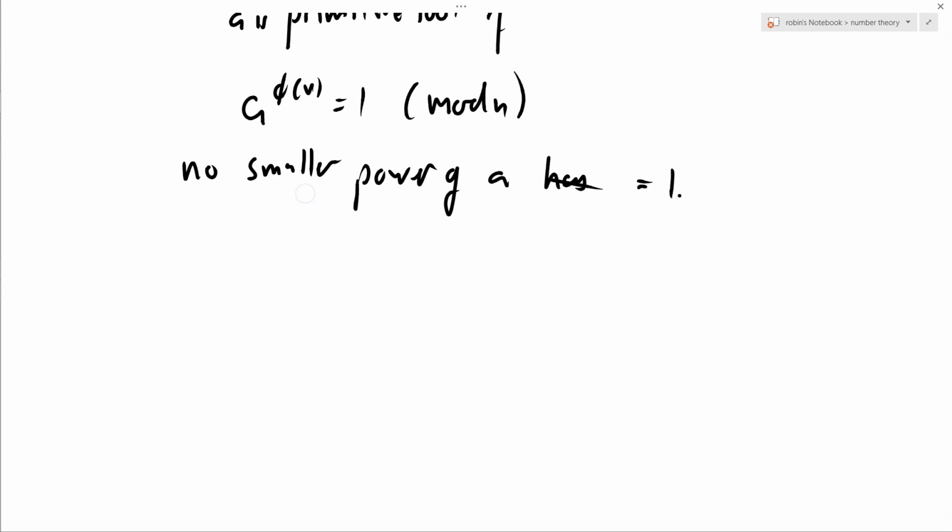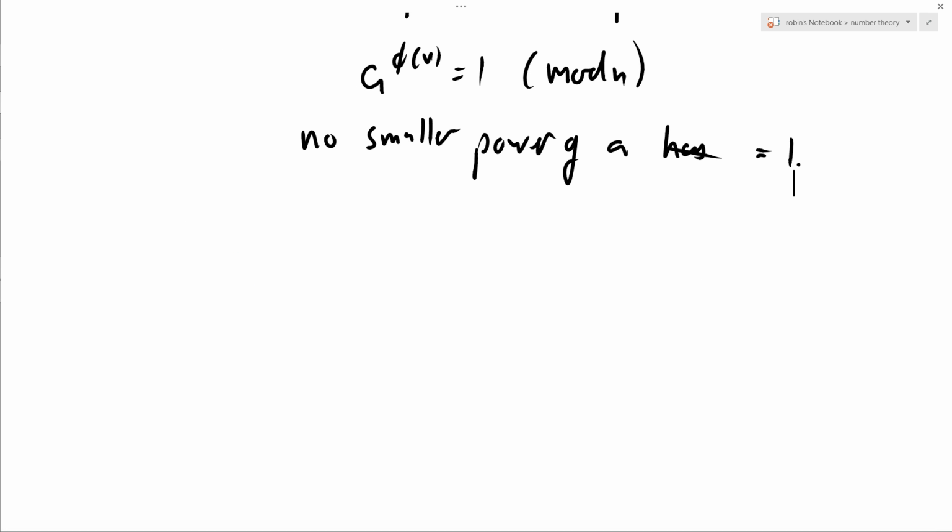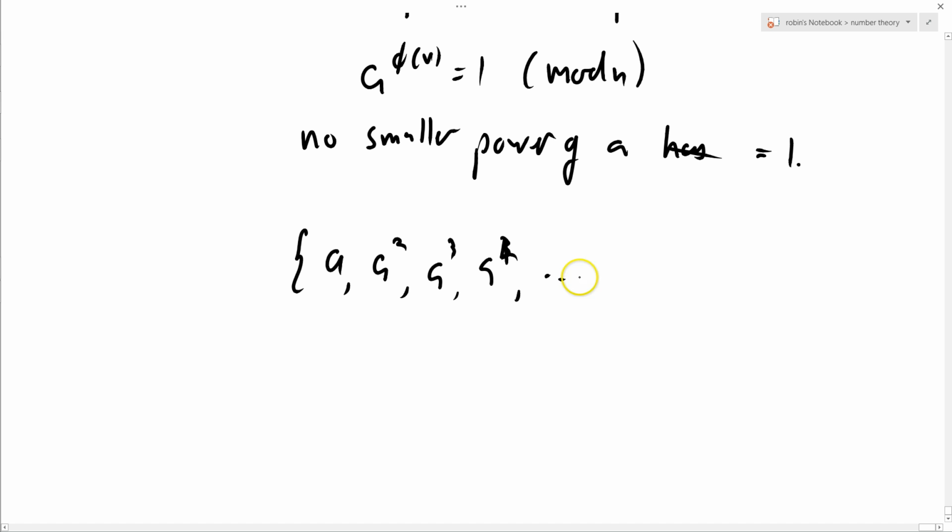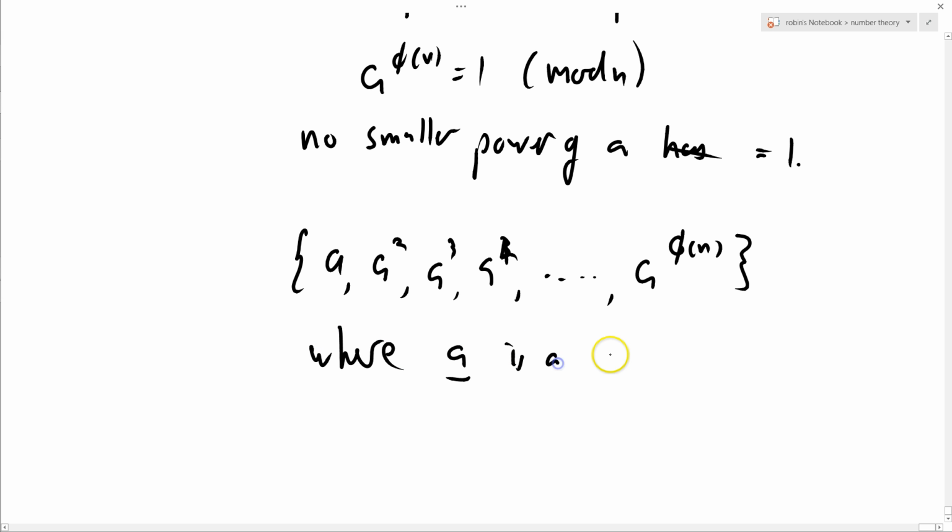Well, it's not entirely straightforward. You can show every prime number has a primitive root, but what about composite numbers? Well, let's have a look at this. So I'm going to consider the set a, a squared, a cubed, a to the 4, and so on, up to a to the power phi of n, where a is a primitive root.